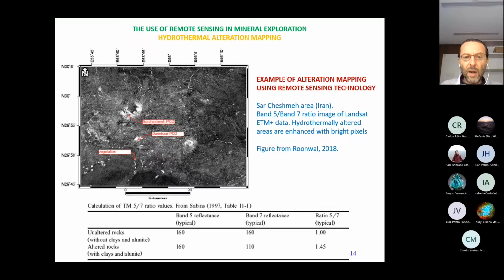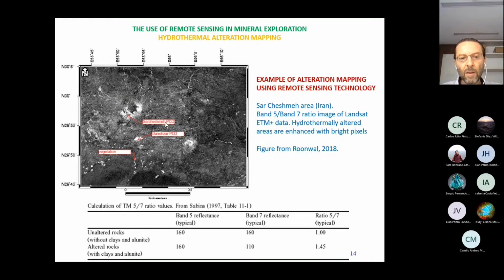So here is an example. Some examples, for instance, a zone in Iran. And you can see band ratioing of Thematic Mapper data. And you can see if we look at the reflectance of the unaltered rocks and altered rocks in band 5 and band 7, and if we do the ratio of these two bands, we can see the difference.